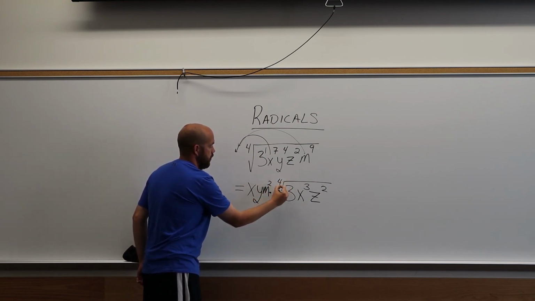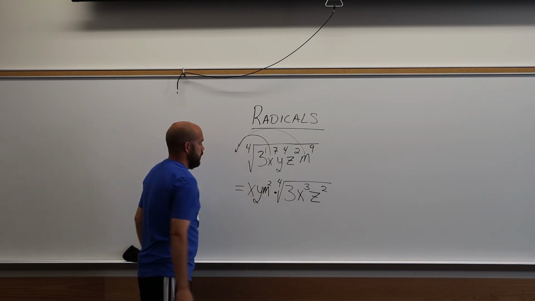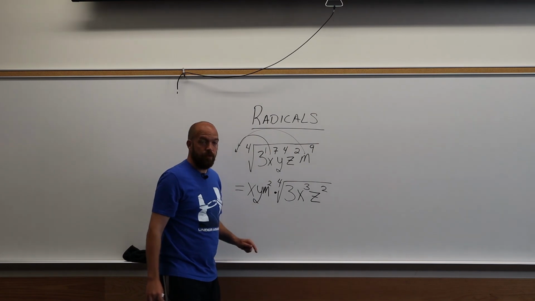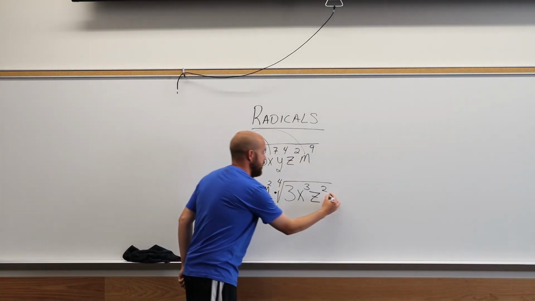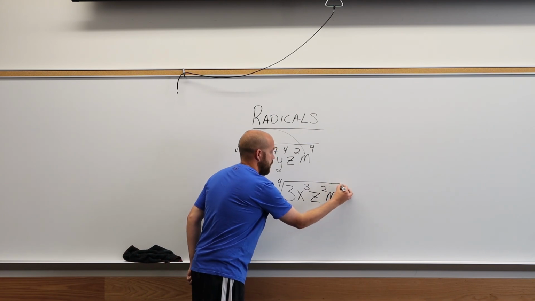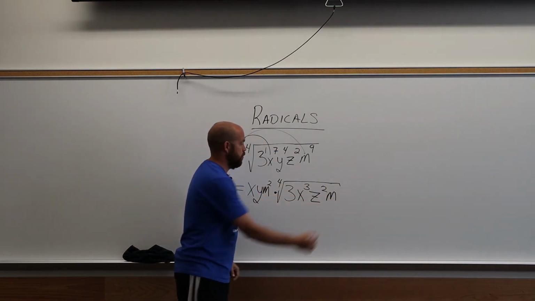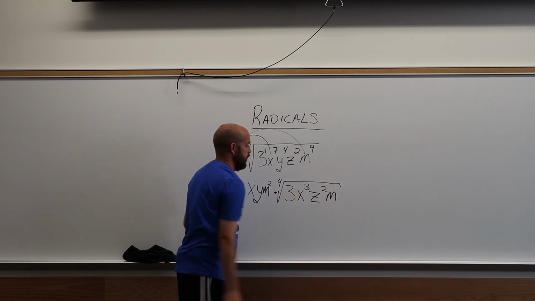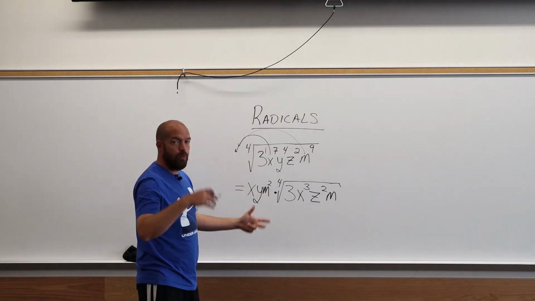My 4 is kind of starting to meld into it. You got to be careful so I don't get confused. But when I did, I still have 1 m left on the inside. And so I've got an m to the 1 here. I'm going to go ahead and just put a little down tick here so that way I know where it's over with. Now I'm going to rewrite this again.